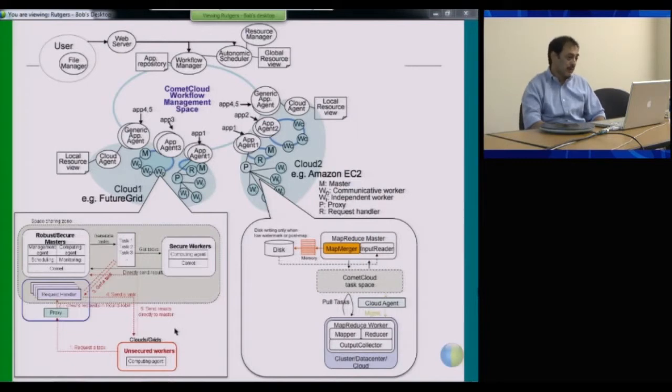In this specific experiment that we did, we used Amazon for a lot of the analytics, and we were using FutureGrid resources for the bag of tasks models, right? But really what this is showing is that we can run these workflows on any sort of federation and be able to map the tasks on the appropriate set of resources.